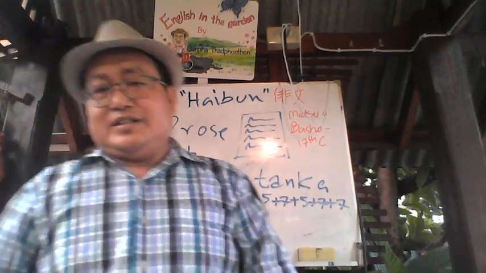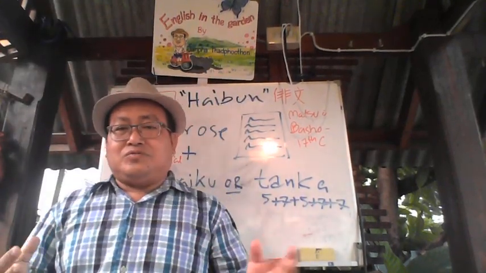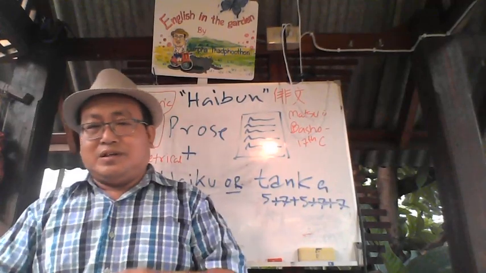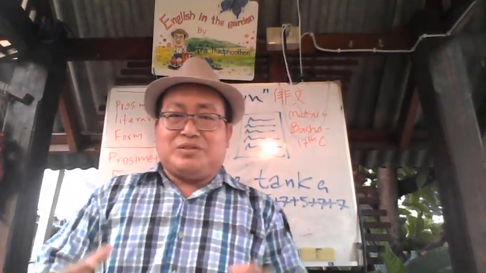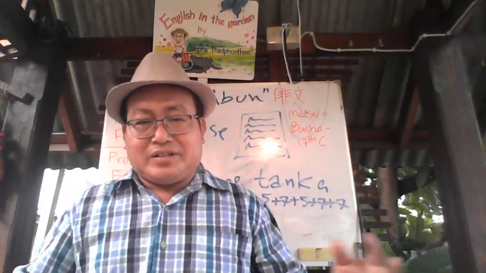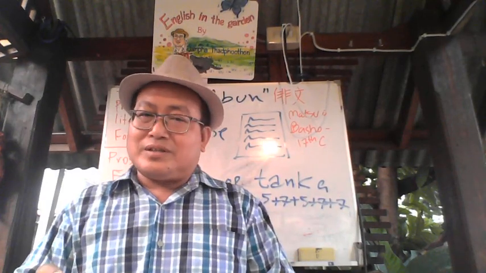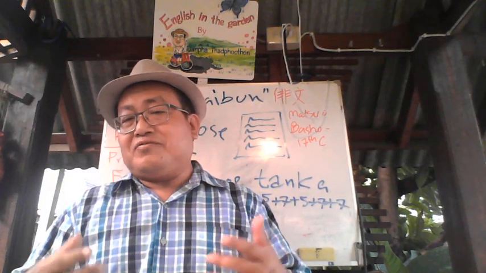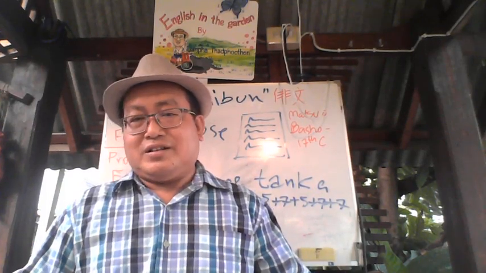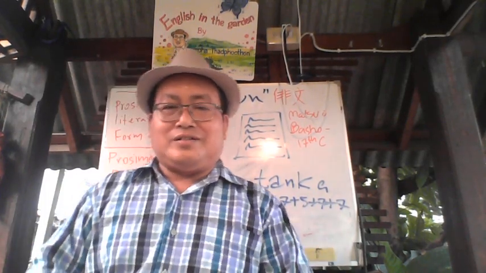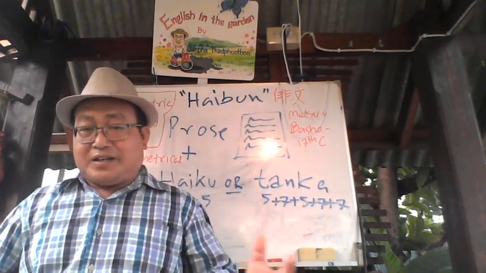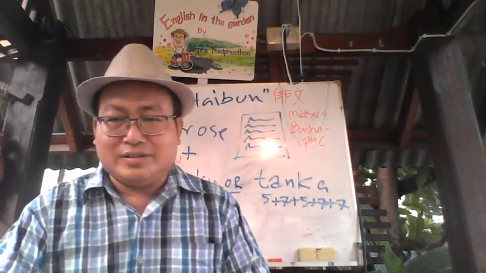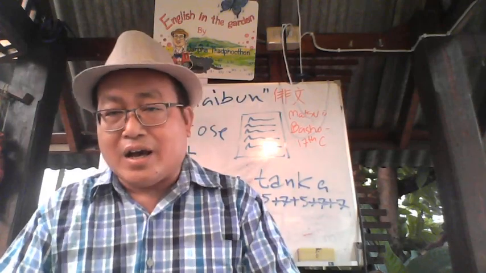5-7-5-7-7. So a haibun is really useful when you travel overseas or travel to new cities, new places, and then you want to do some kind of reflection. You can do the reflection in action, on action, or when you have free time. So this is what we mean by a haibun.